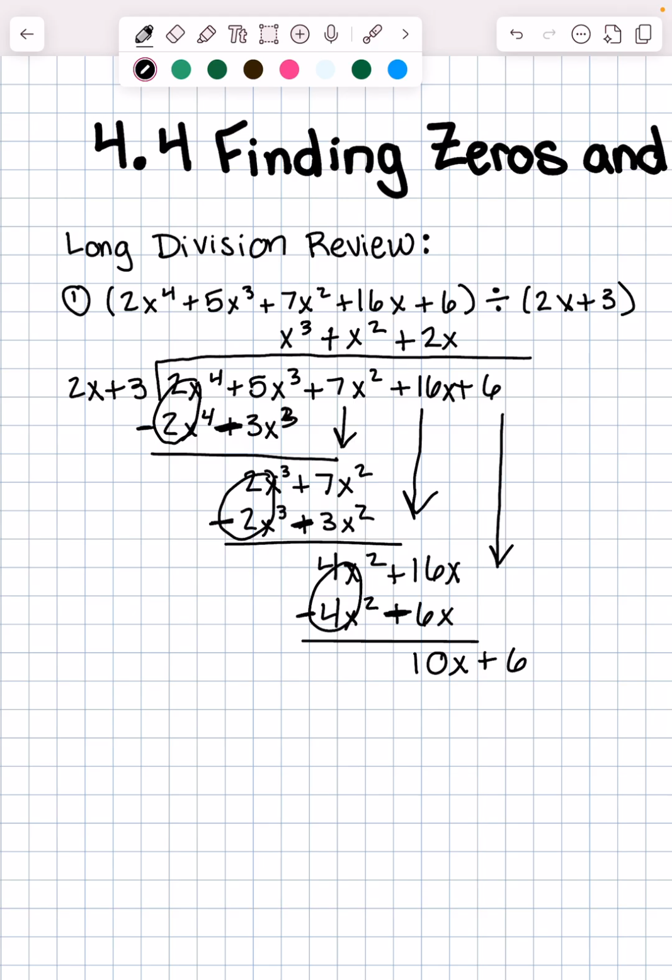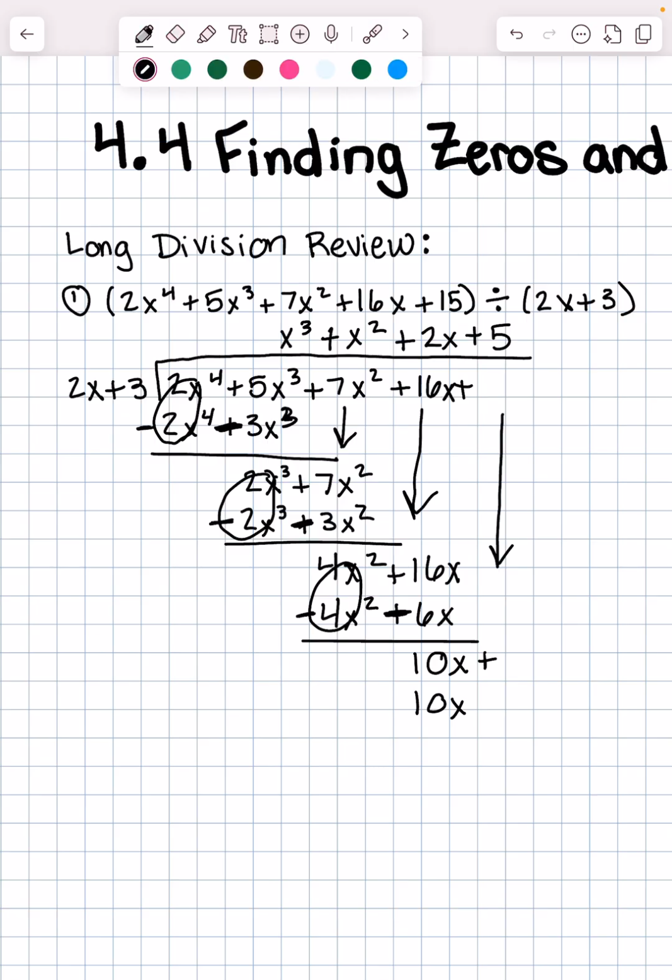And then I want to know, what can I multiply by 2x to get 10x? That would just be a 5. And then 5 times 2x is 10x. 5 times 3 is, have I done something wrong? I did, you guys, I did something wrong again. I'm so sorry. This should be a plus 15. I don't know why that was a 6, but I'm so sorry.